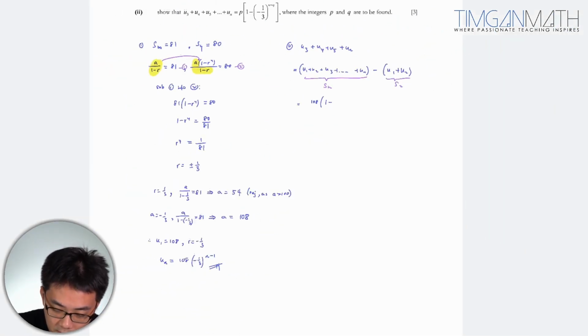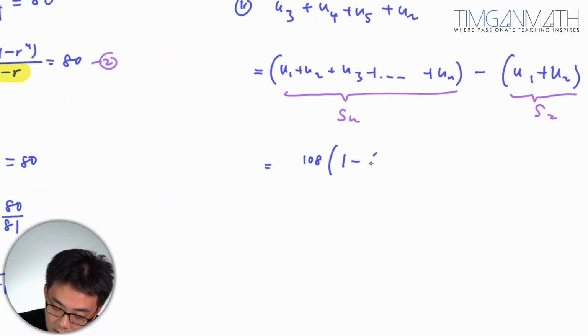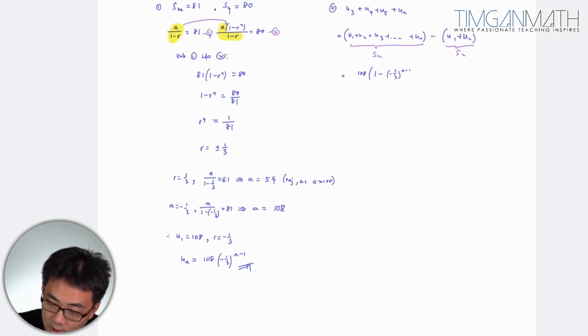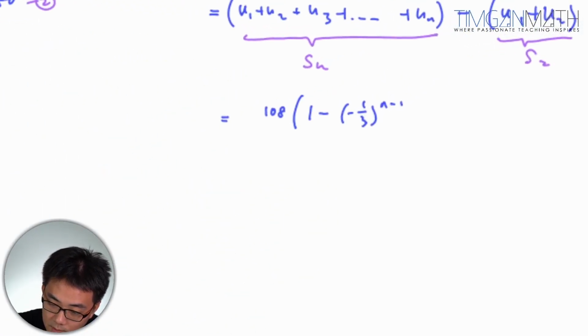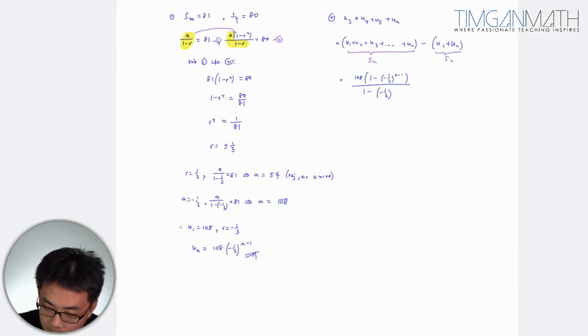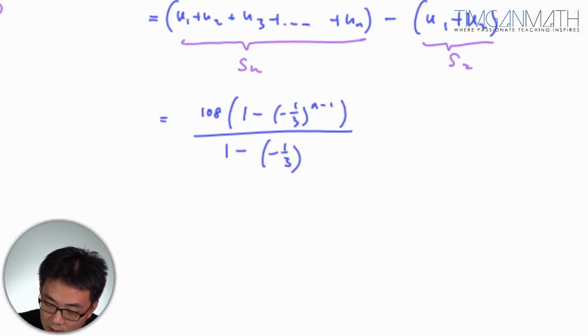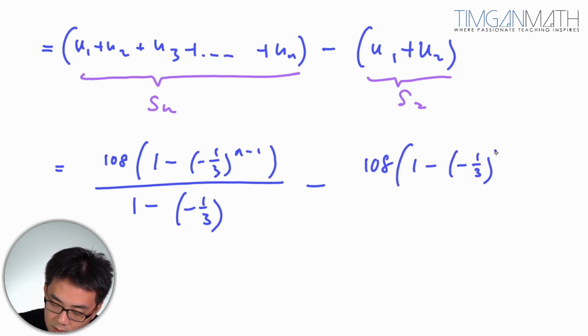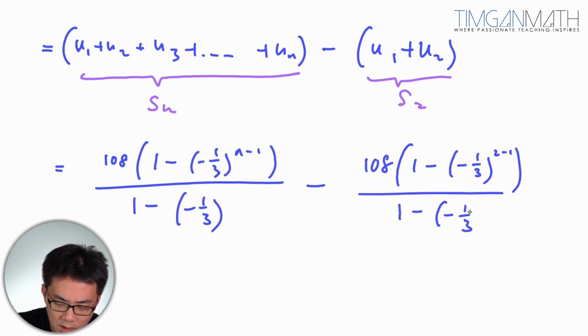So 108 over 1 minus r, where r is negative 1/3, times 1 minus negative 1/3 to the power of n. Then we minus off two terms here. Same thing: 108 over 1 minus negative 1/3, times 1 minus r^2.